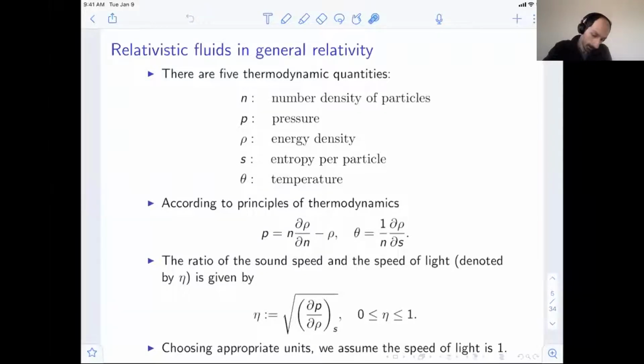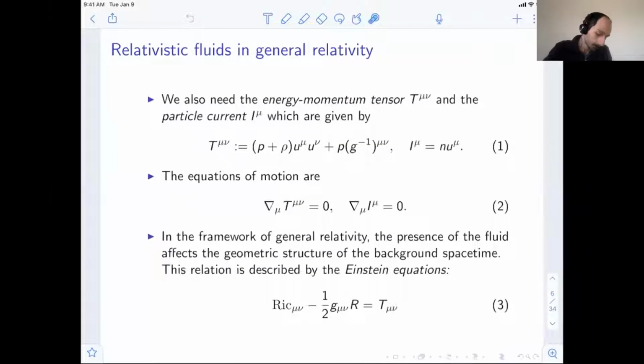Let me now also describe the driving equations. The driving equations are these two conservation laws, the vanishing of these two divergences. T is the usual energy momentum tensor, which is given by (p plus rho) u^mu u^nu plus p times the inverse metric.